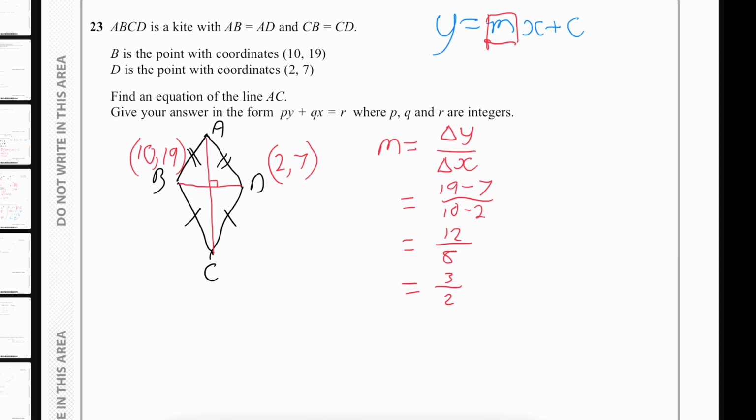And then if I want to find the gradient of a perpendicular line, all that happens is this is then going to flip. So it becomes 2 over 3, and we change that sign, so it becomes a negative. And now that's the gradient for that second line.